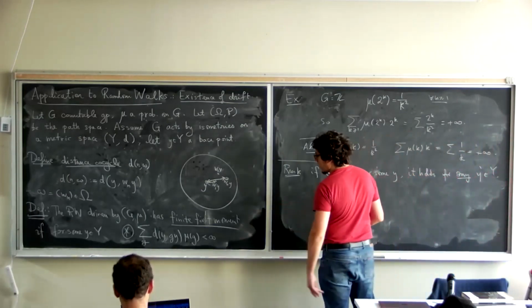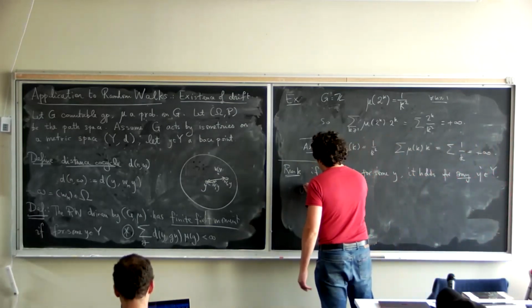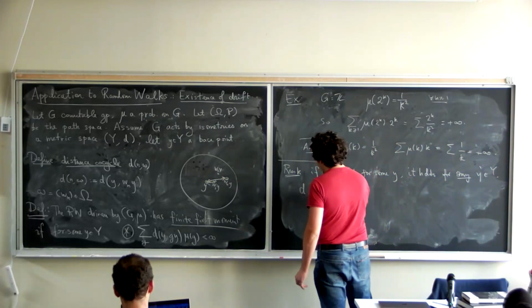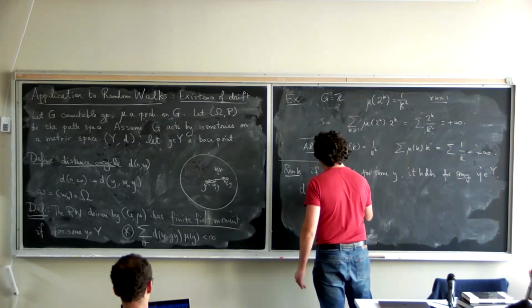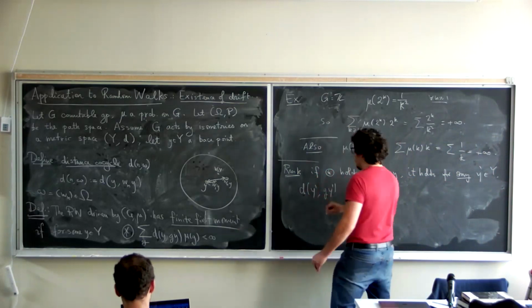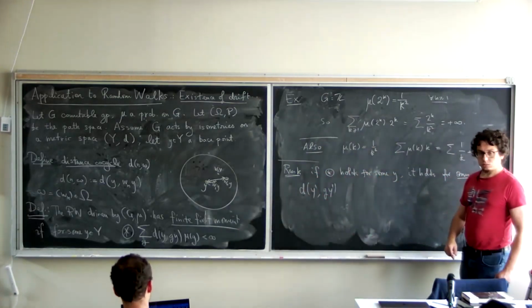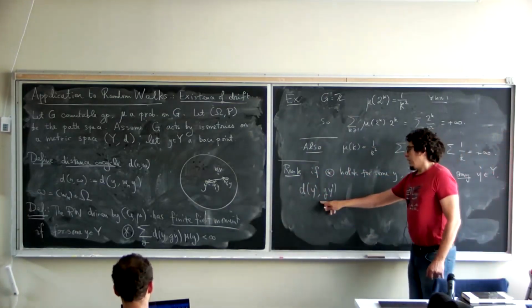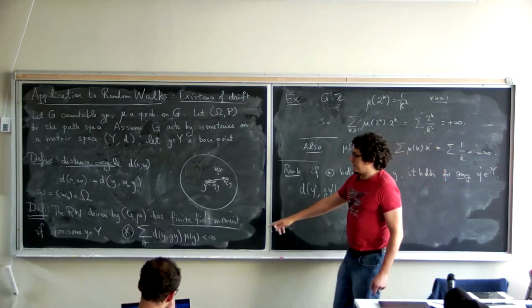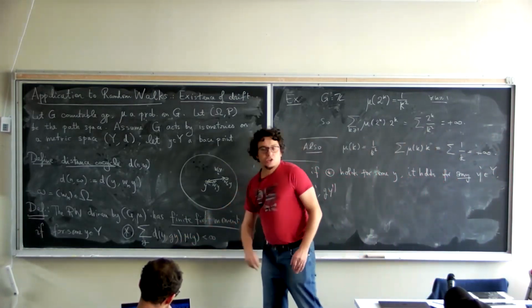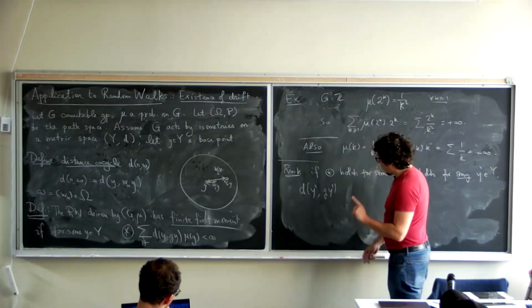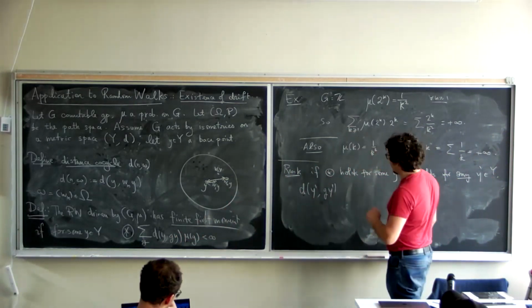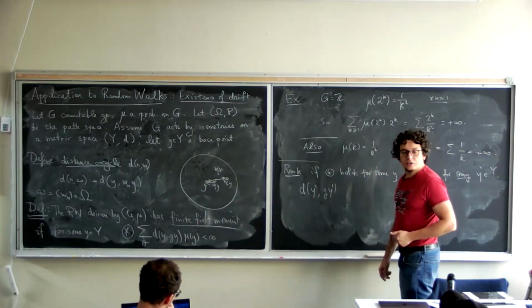So you see what happens. If you take the distance between y prime and gy prime, this is not necessarily the same as the distance between y and gy, but there is a triangle inequality.